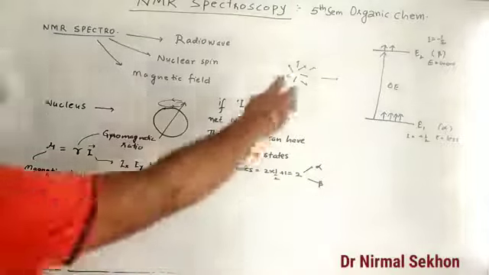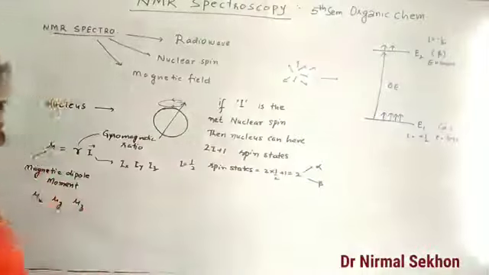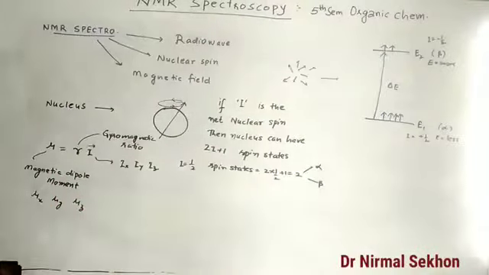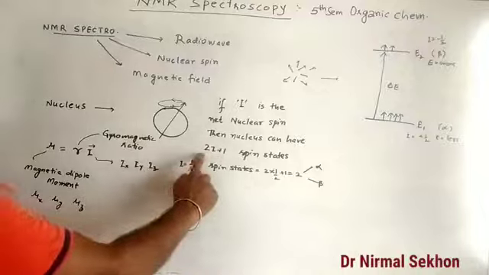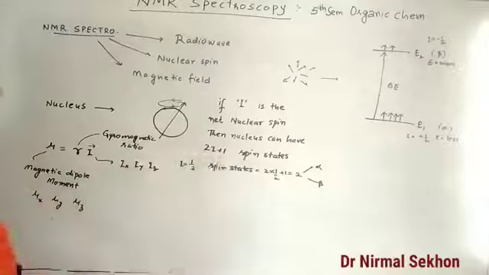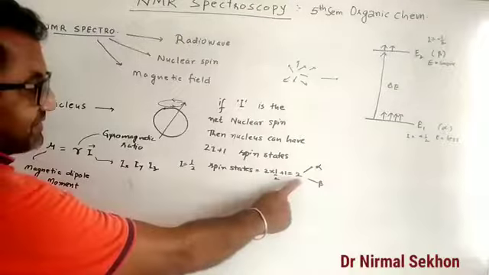So why do these randomly distributed magnetic moments, these tiny bar magnets, arrange themselves into only 2 alignments? The reason is that we calculate the spin states by using 2I plus 1. If I is half, you put in the value and you get 2 spin states.